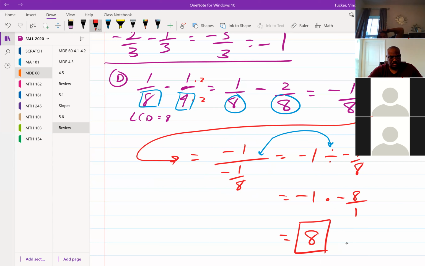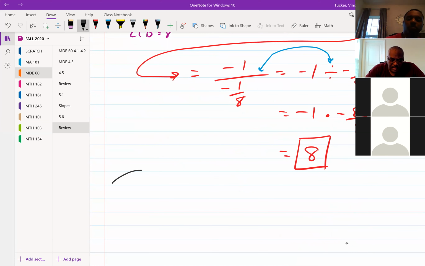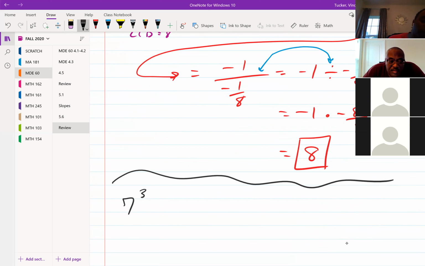All right. I'm ready. This is from 4.3, further solving linear equations. 7q minus 5, the letter Q, minus 5, minus 3q plus 4.